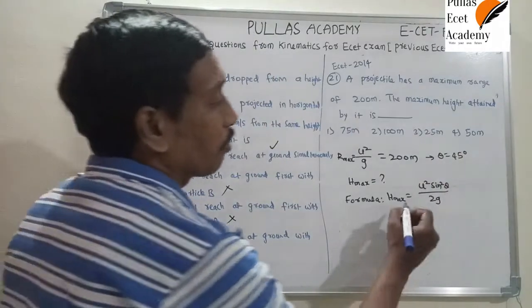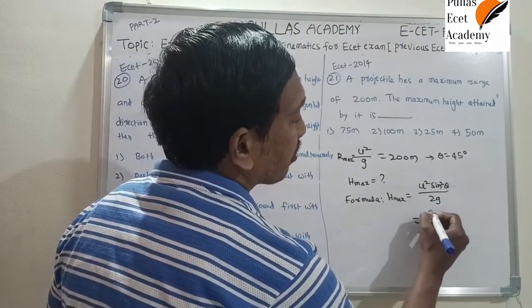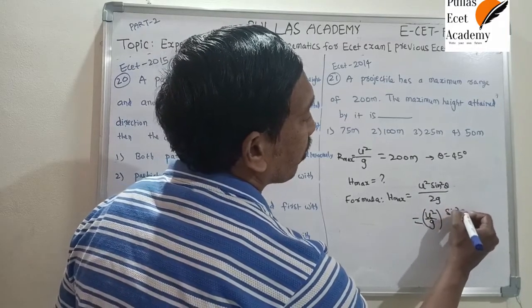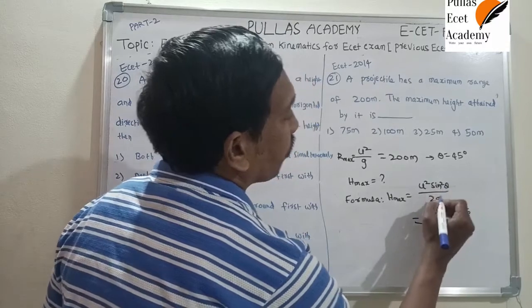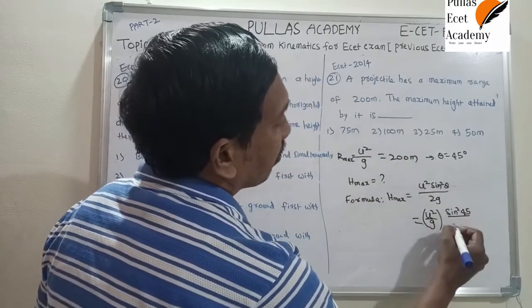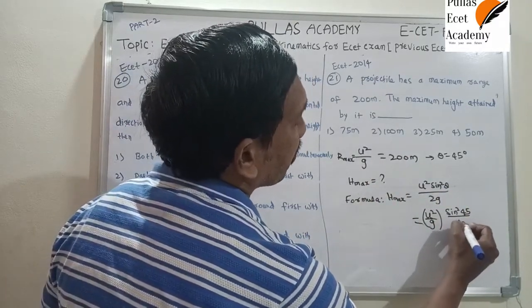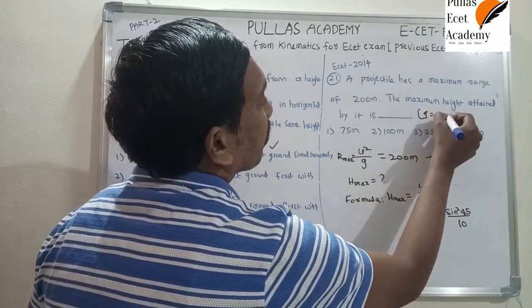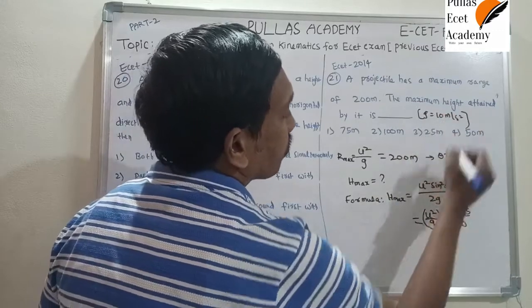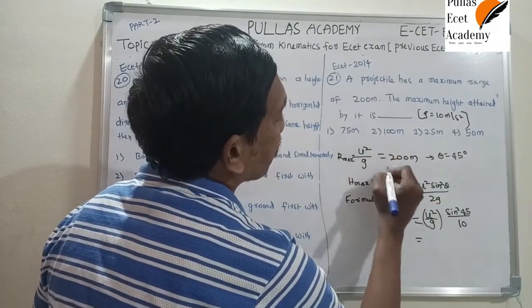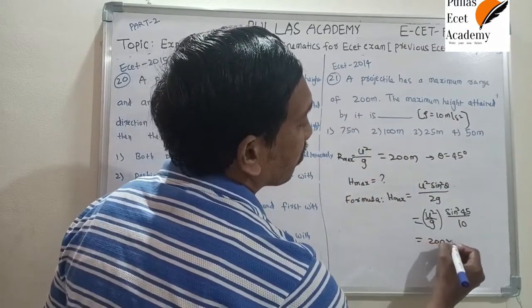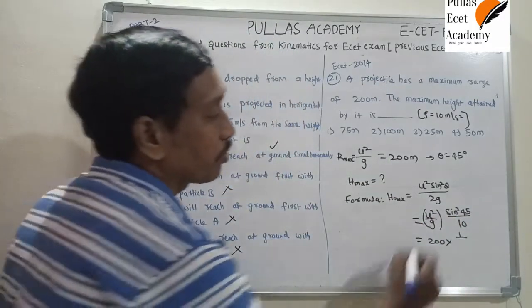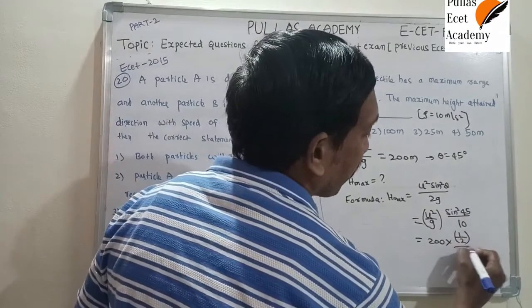Now substitute here u square by g is given directly, into sine square 45 by 2, theta is equal to 45, by g. g is here. We have to substitute 10 meters. Okay, now within the bracket, given g is equal to 10 meter per second square. So now substitute u square by g is equal to 200, and sine square 45 means sine 45 is 1 by root 2. 1 by root 2 whole square is 1 by 2, by 10.